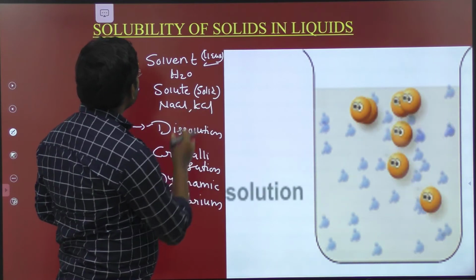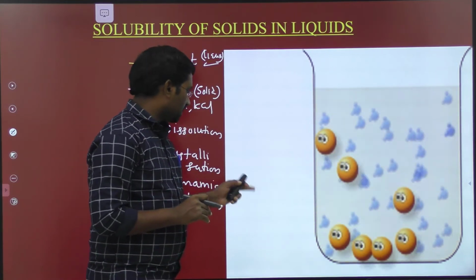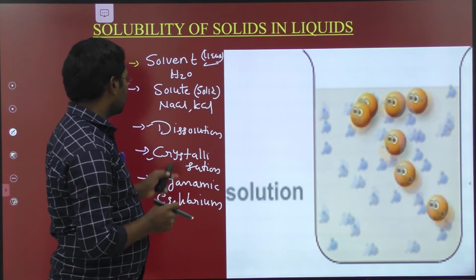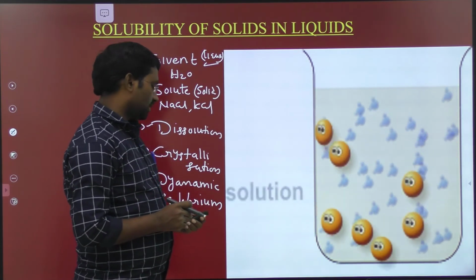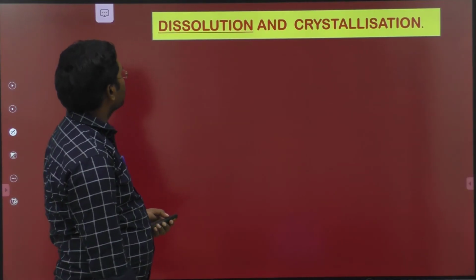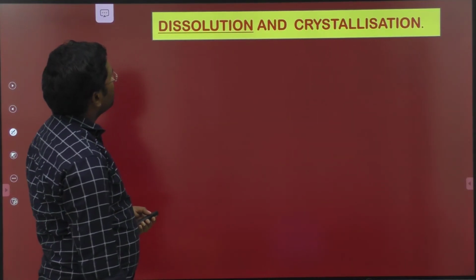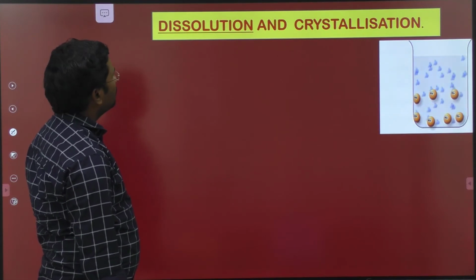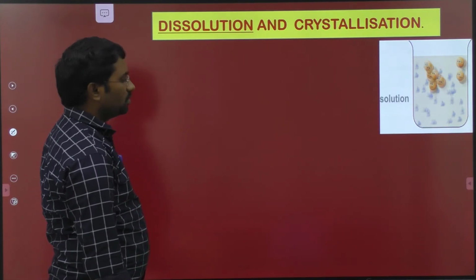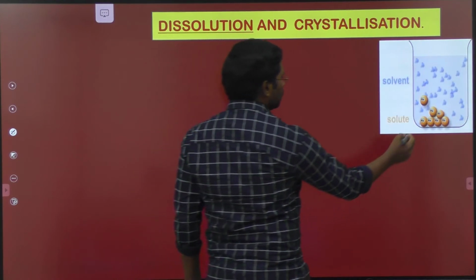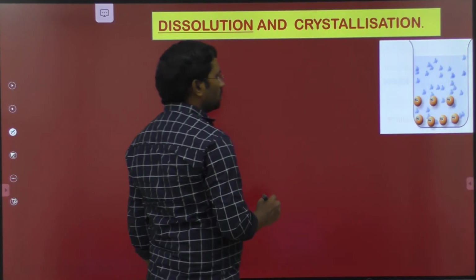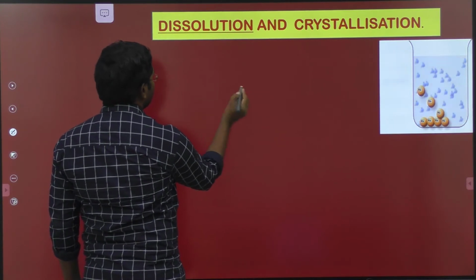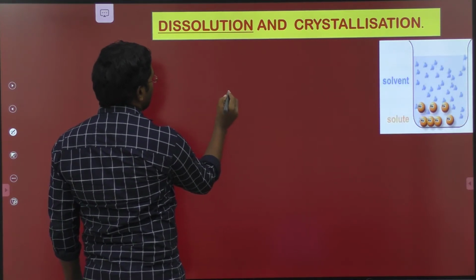Therefore, in the solubility of solids in liquids, mainly two phenomena occur: the first one is dissolution and the second one is crystallization. As I already mentioned in the previous slide, dissolution and crystallization both reach the same rate and the dynamic equilibrium is established.